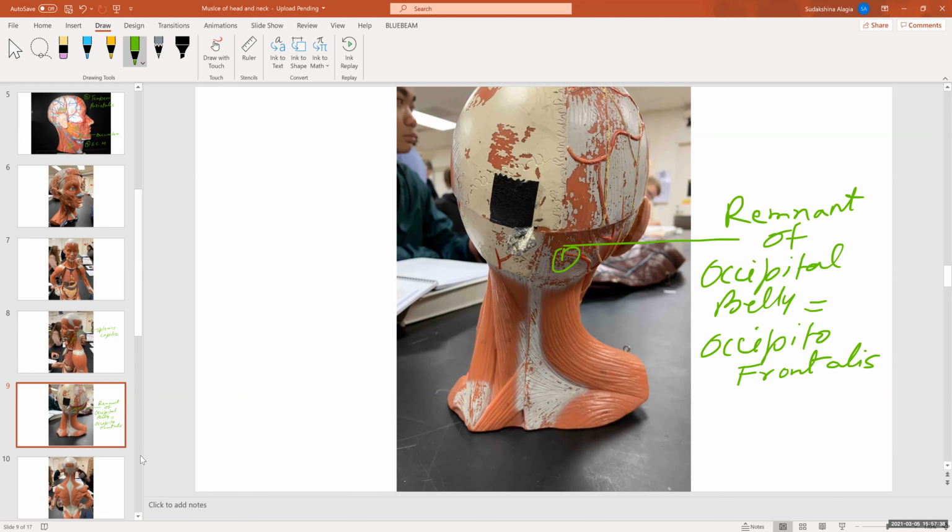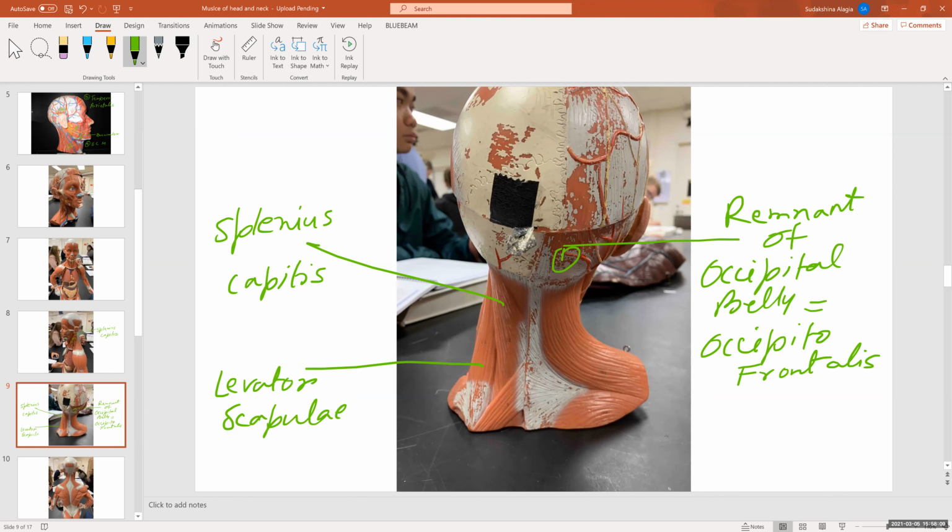Here you can see the splenius capitis. We are going to talk about trapezius and others next, but this is a good place to study the splenius capitis. And if you're wondering what this muscle is, this is the levator scapulae, which we'll study later.